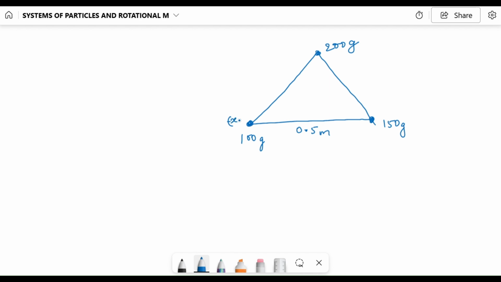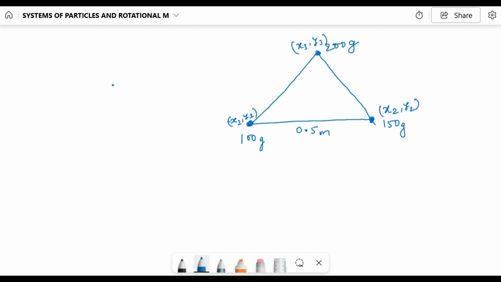So its coordinates are x1, y1, and this is our second location, so its coordinates are x2, y2, and here let's say it is x3, y3.